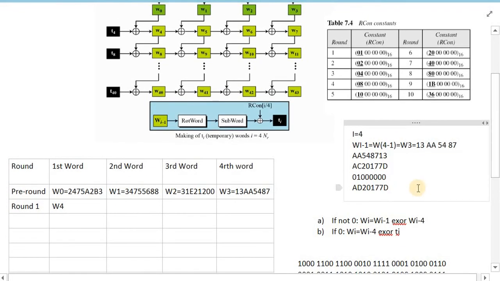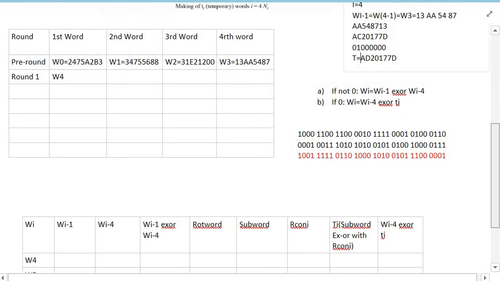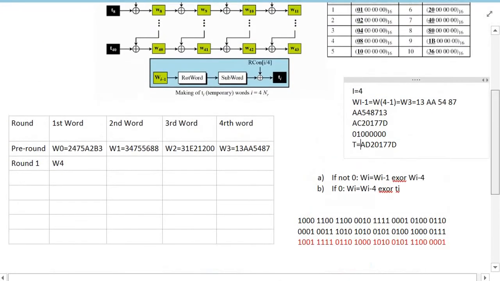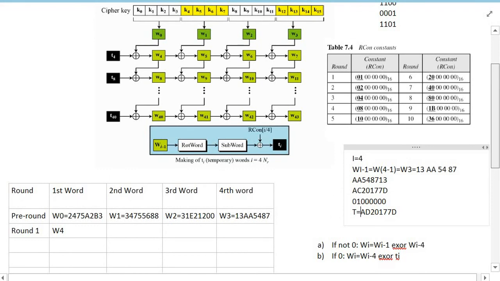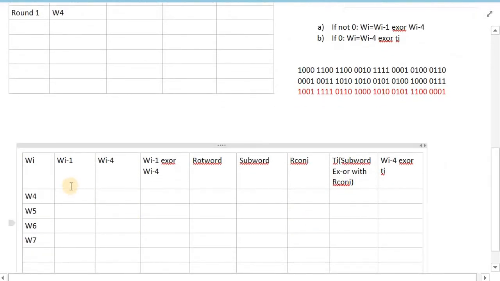So I am getting my T value. Just write here W4. What is the value of W(i-1)? The W(i-1) value is 13AA5487.